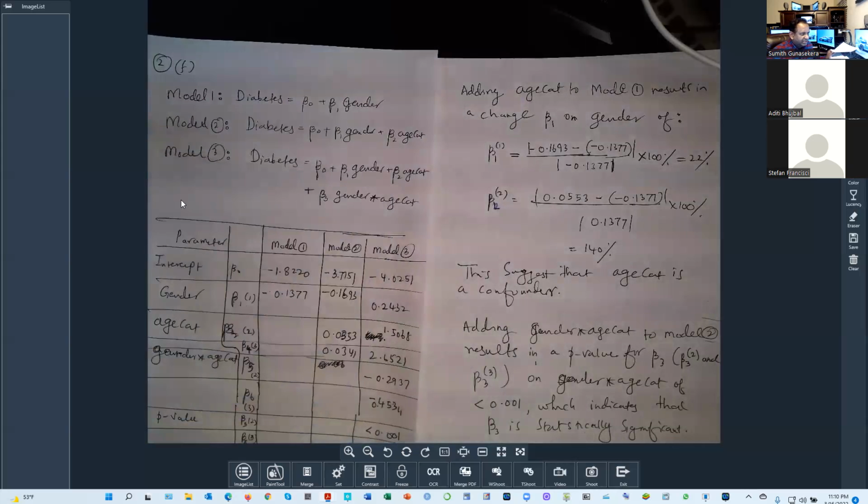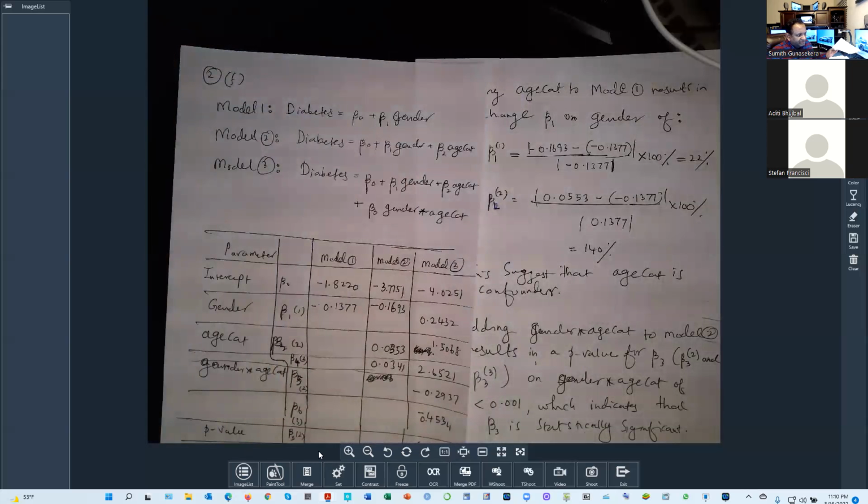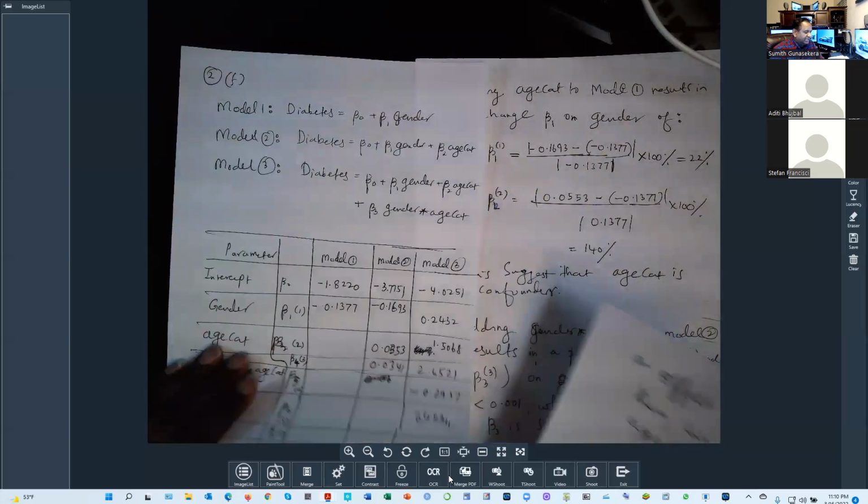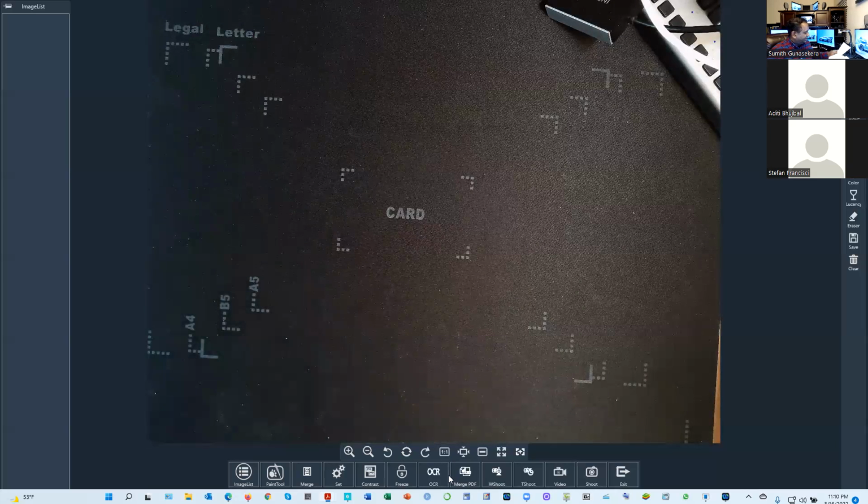But looking at this notation, I think it's not clear, and I was writing fast sometimes. Anyhow, it's going to be both an effect modifier as well as a confounder.